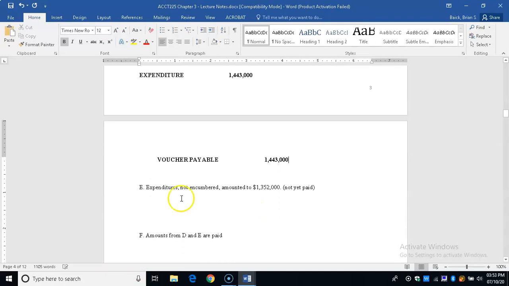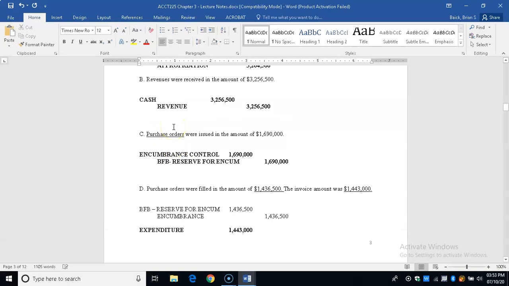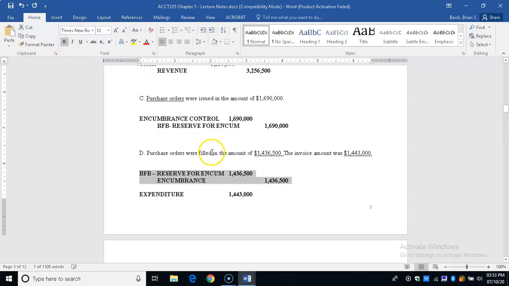Okay, let's take a look at this one here. This one says expenditures not encumbered amount to $1,352,000. Okay, so that means you just have regular expenditures. It says it's not encumbered. In other words, you don't have to make this funky journal entry here, right? So if you just have regular expenditures, what would you do?